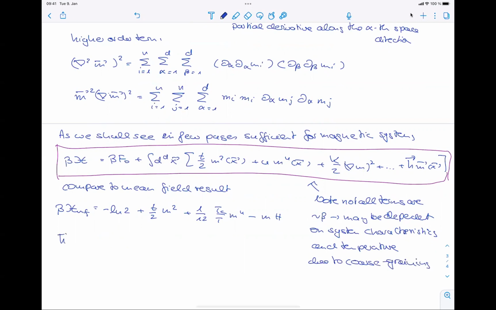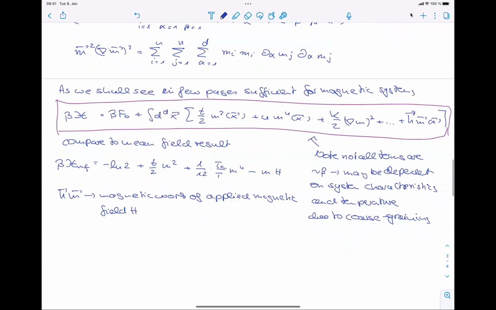And then just to make this comment also, this is the magnetic work of an applied magnetic field. And also to note, potential higher order terms would be m squared m h, for example, also to be considered.